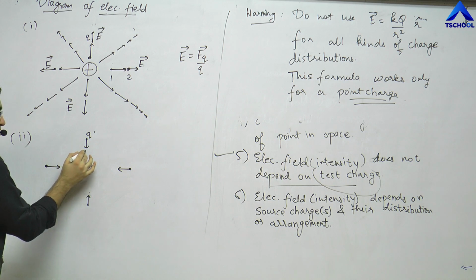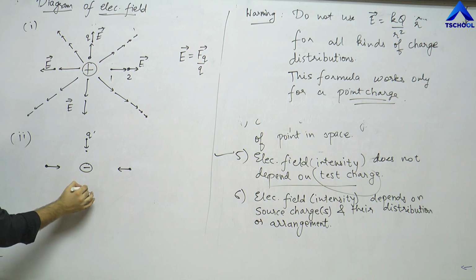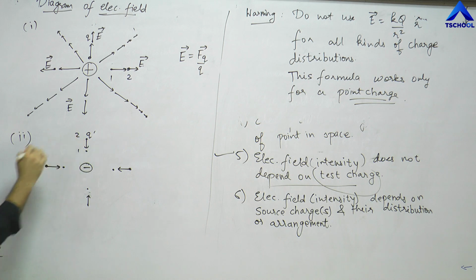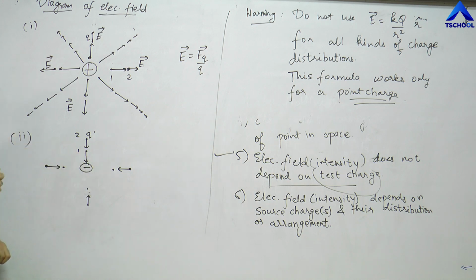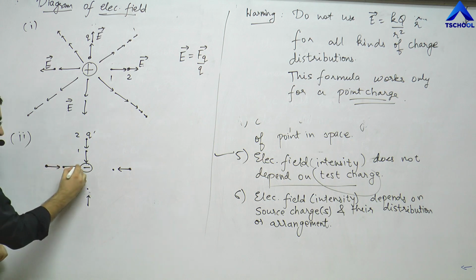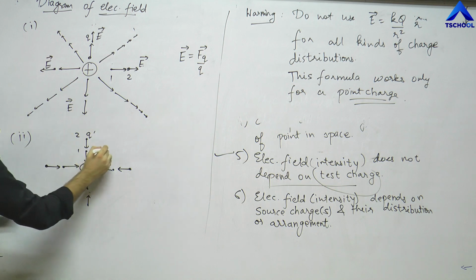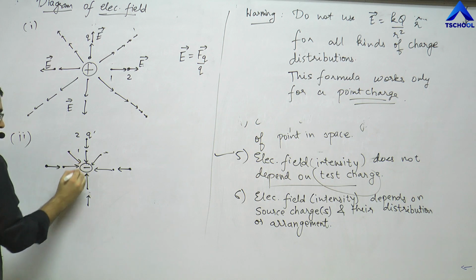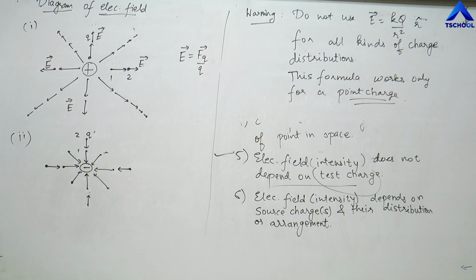Just like that, if I'm going to put the unit positive test charge at a closer point, maybe over here, again over here, again over here. So compare points 1 and 2. Compared to 2, 1 is closer, so the magnitude will be more, so I have to draw a longer arrow. Same thing over here, same thing over here. So by the same procedure, I could just draw a diagram similar to what we have over here.